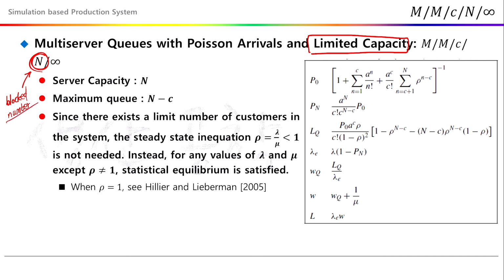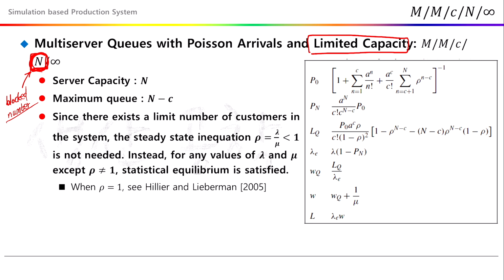It means that even though there is an excess number of customers waiting in the calling population, if the number of entities in the model already reaches this number, any entity cannot be transferred to this queuing system.